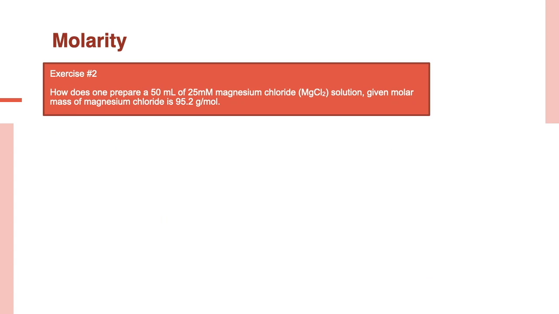There is another way of solving this. In this step, we will use ratios but still get the same answer as we did earlier. First, set up a ratio to calculate the amount of magnesium chloride needed to prepare 1 liter of 0.025 molar. So, 95.2 grams is to 1 molar as unknown grams is to 0.025 molar.